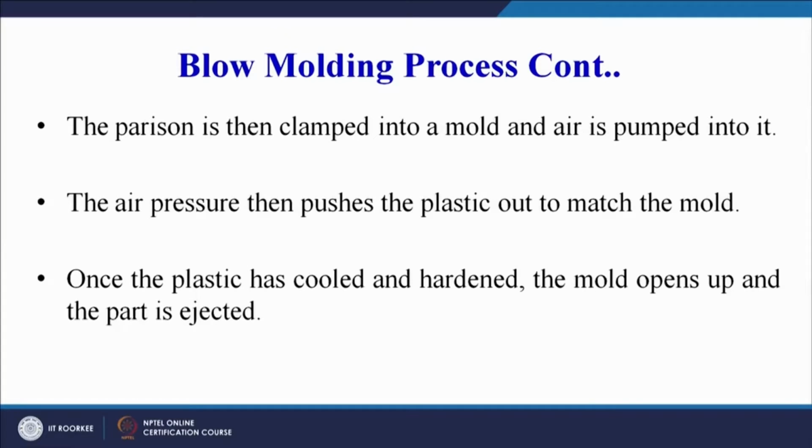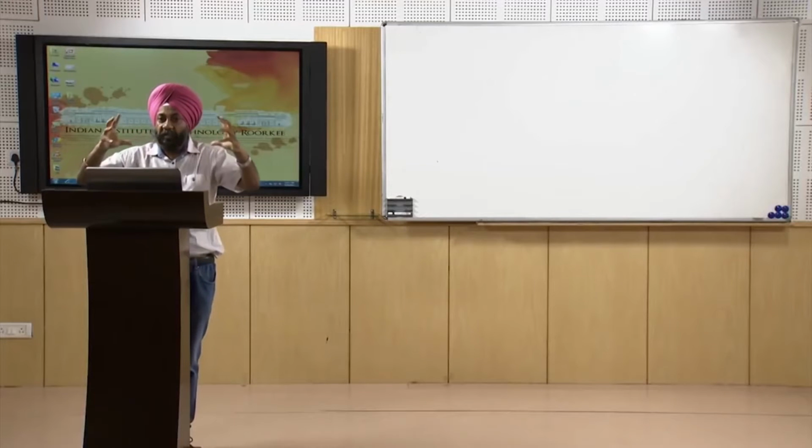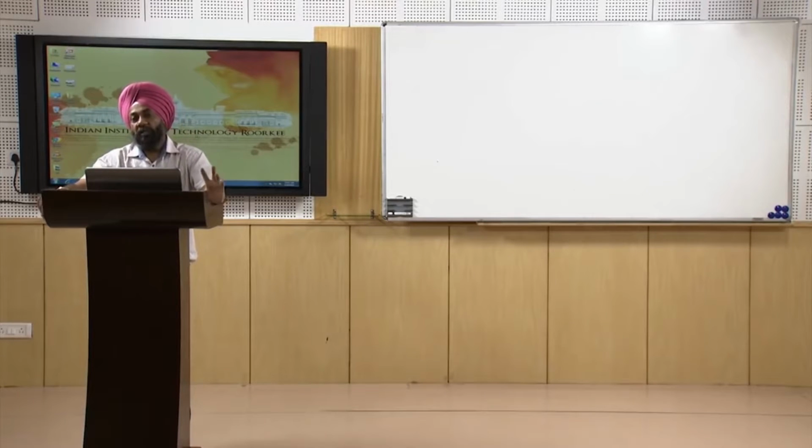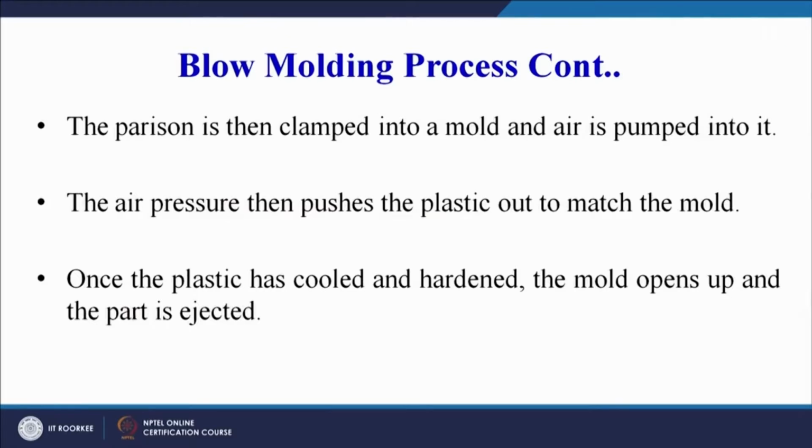The Parison is then clamped into the mold and air is pumped into it. The air pressure then pushes the plastic out to match the mold. I have already explained, when it inflates, it will go into the inner cavities of the mold, so it will adhere to the inner shape of the mold. Once the plastic has cooled and hardened, the mold opens up and the part is ejected.